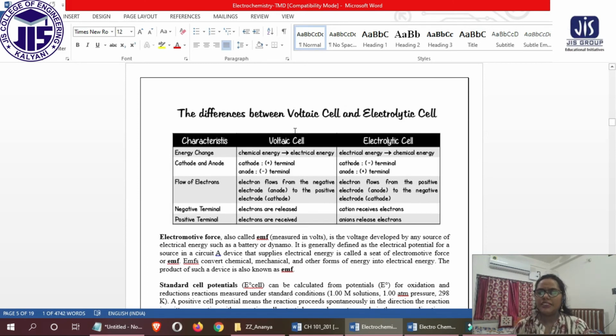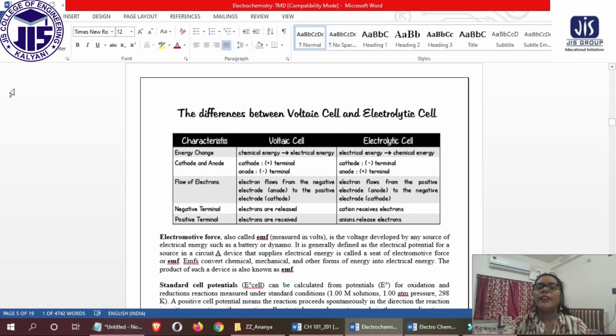Now, what are the differences? That is energy change. In the voltaic cell, the chemical energy is converted into electrical energy, and for the electrolytic cell, the electrical energy is converted into chemical energy. It is just the reverse.